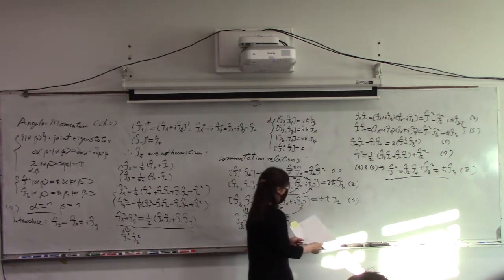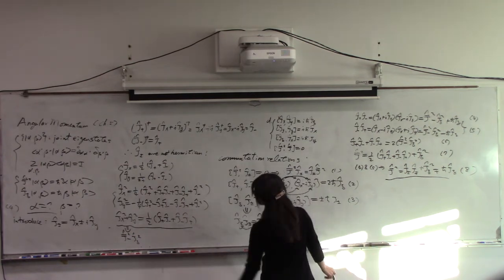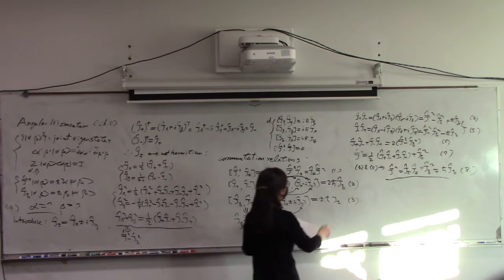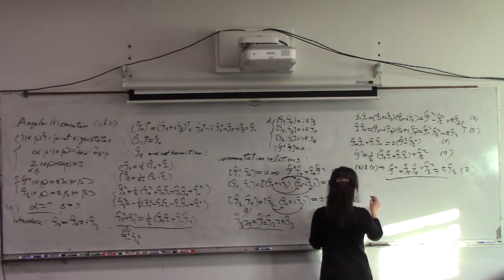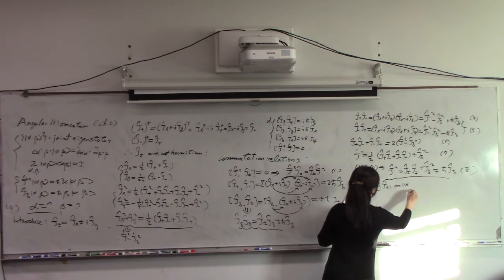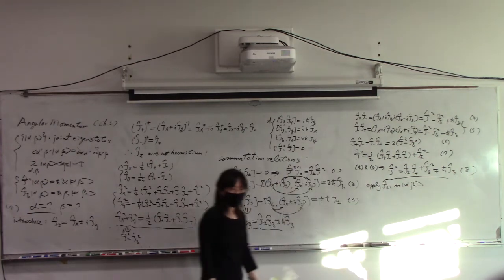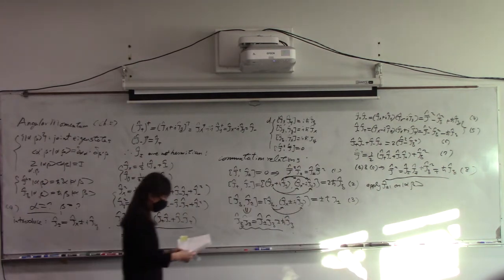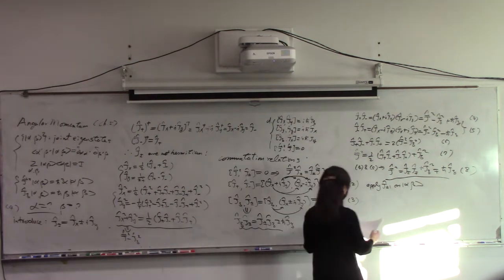Now let's declare the quantum numbers. So now we are going to apply J plus minus on the eigenstate. Now we are looking for what happens if this operator is applied.